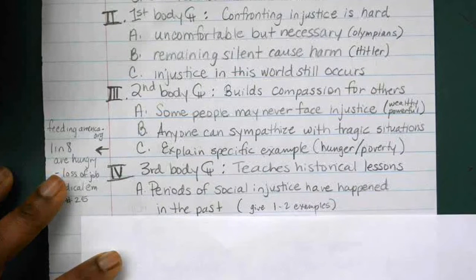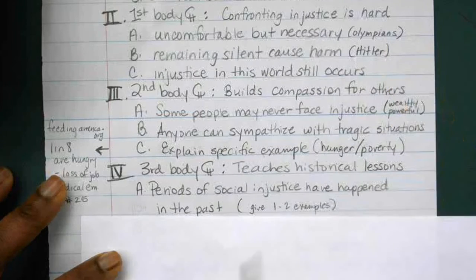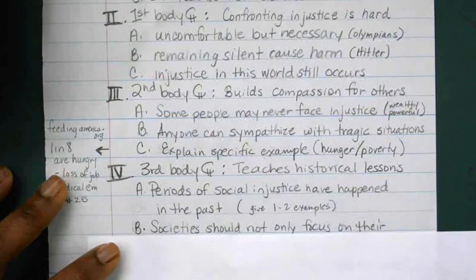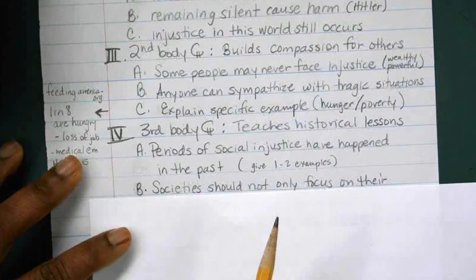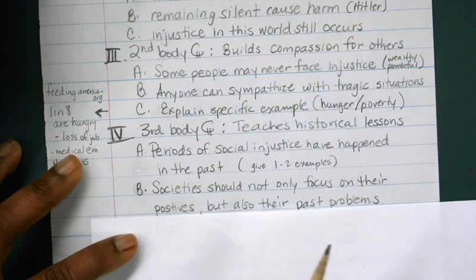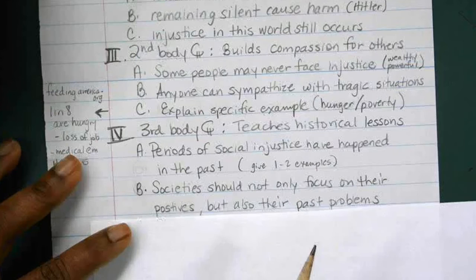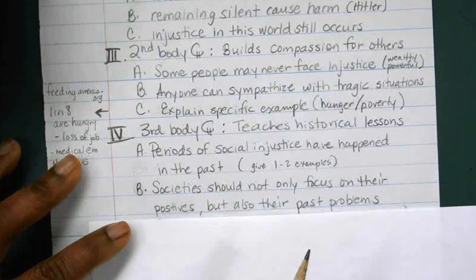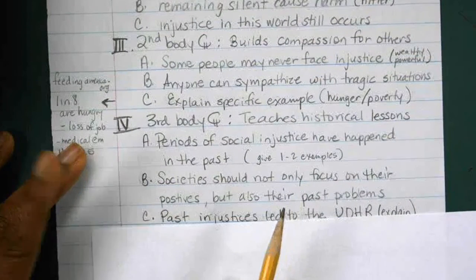Again, it would be examples that I haven't already used because I don't want to be needlessly repetitious, so it won't be any of these. Then I'll go on and talk about how societies should not just focus on their positives in history, but also their past problems, because there are lessons to be learned from past problems and injustices in society.